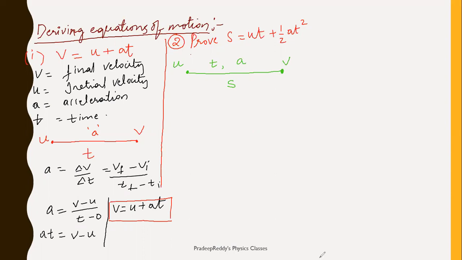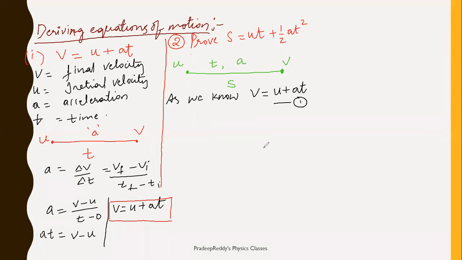Now we already have the equation of motion. As we know, the first equation of motion is v = u + at, right? Let me take this as equation 1.